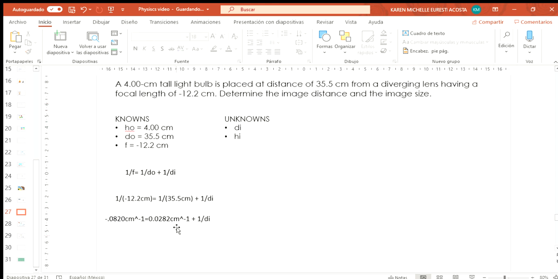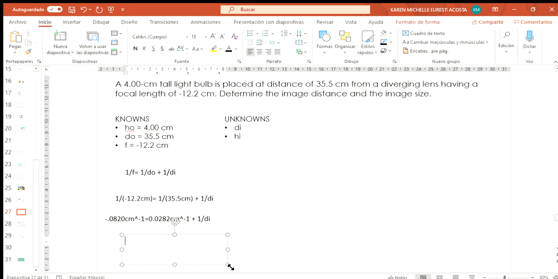Then we pass this one to this side, and it gives us minus 0.110 centimeters to the -1 equals 1 over di.